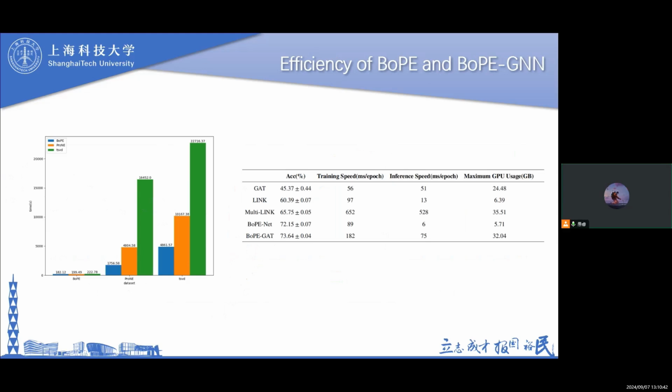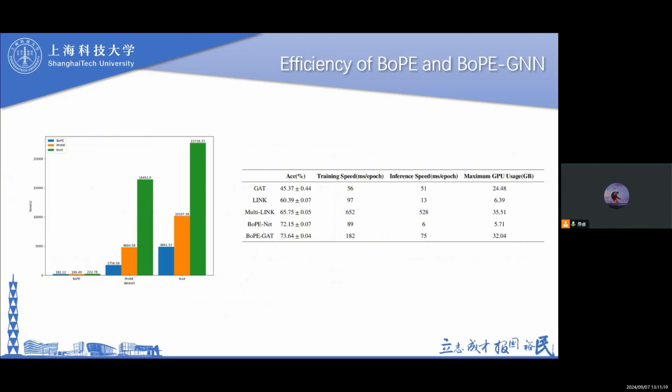We can see that although BOPNet encodes multiple adjacency matrices while LINKX only encodes a single adjacency matrix, BOPNet is still faster, smaller, and more accurate. Compared to LINKX, BOPNet achieves an inference acceleration of 18.8 times with a 6% accuracy increase, and its memory consumption is only 0.16 of that of LINKX.